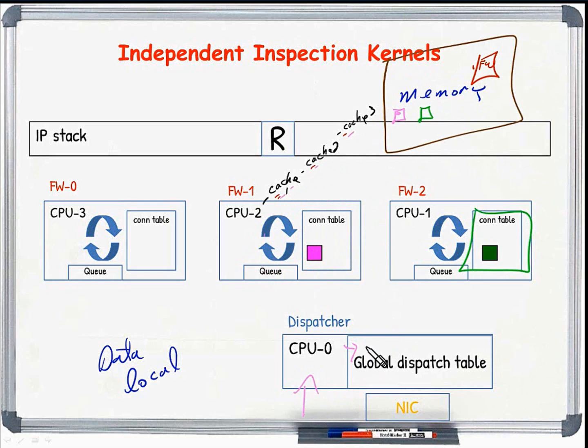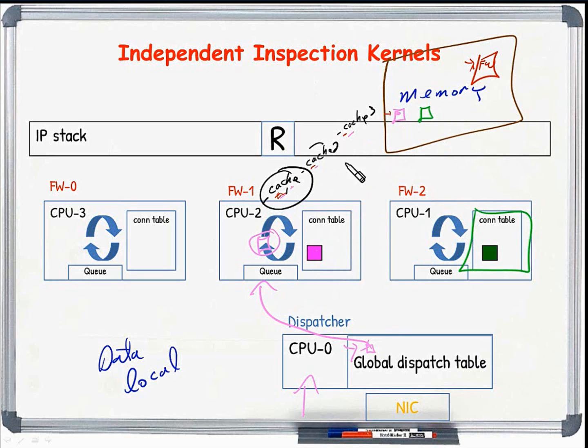Next time a packet comes in, it looks to see where to assign it. The global dispatch table knows about it, so it says forward it to CPU 2. CPU 2 receives that packet. CPU 2 needs to do some calculations, needs to remove some information from memory, and needs to call firewall code. It needs to call the connection table information to see if that connection is there. Right? So before it gets to the memory, it checks the cache and it finds the firewall code.